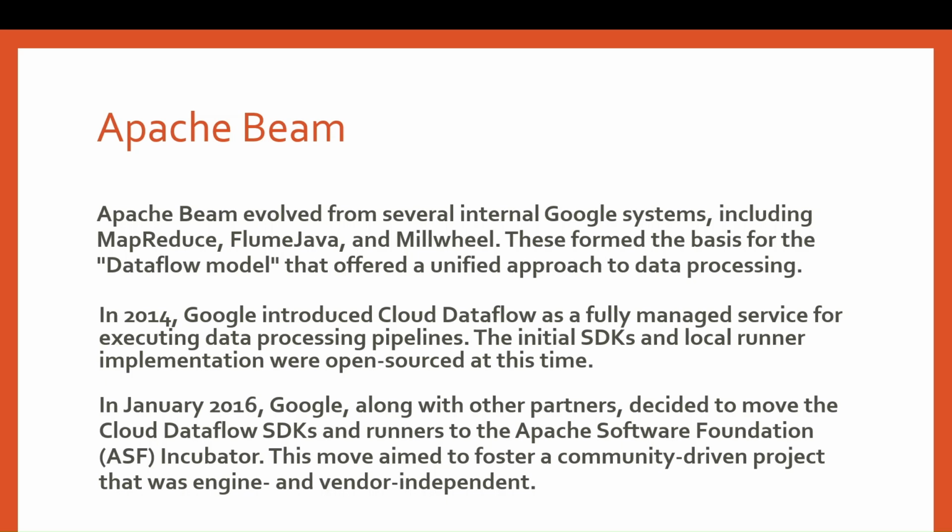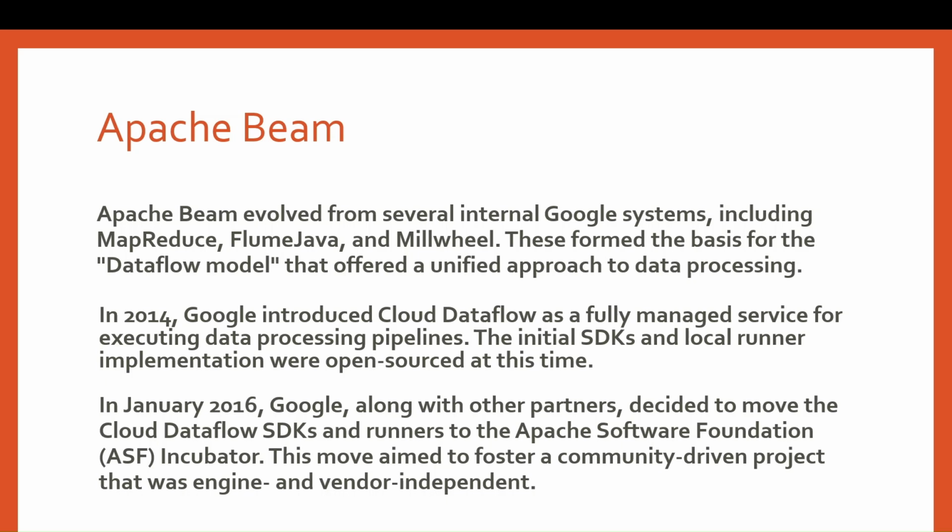Apache Beam was initially developed to work with MapReduce and other services, and later it evolved to the current status, the very famous tool we know today. Later it was made open source, and then the Apache Foundation improved it a lot, so it can be used very easily.